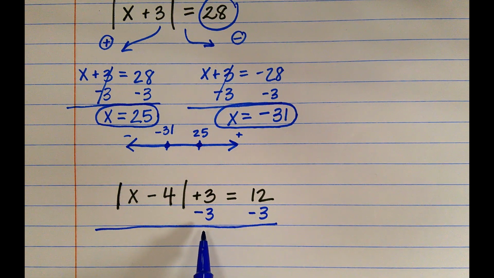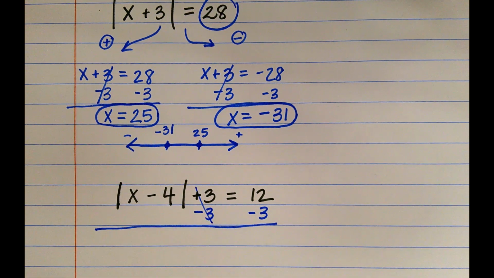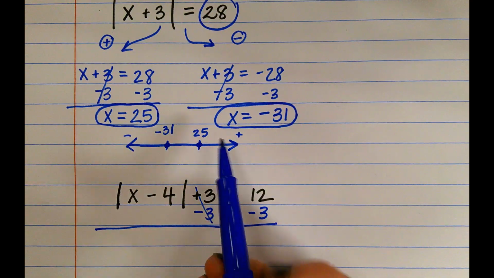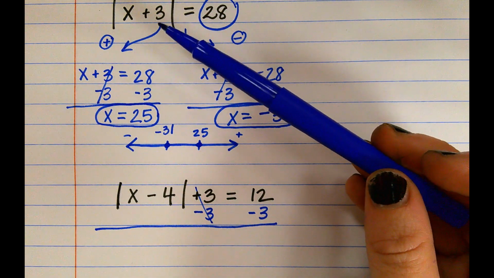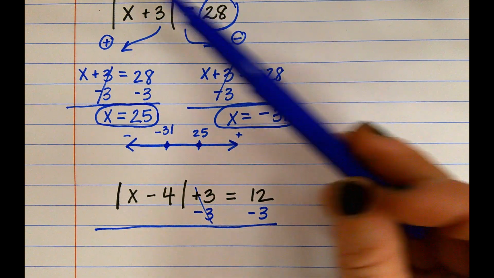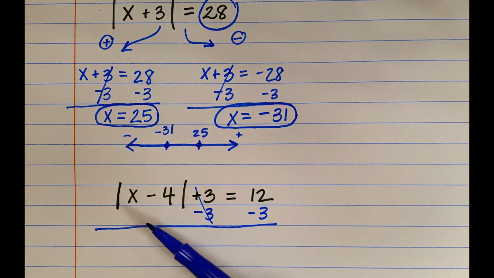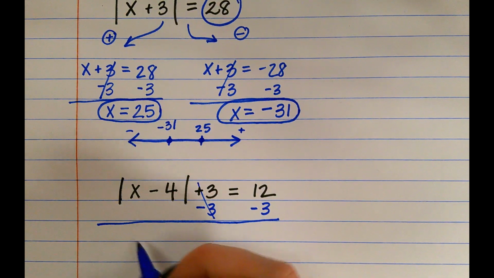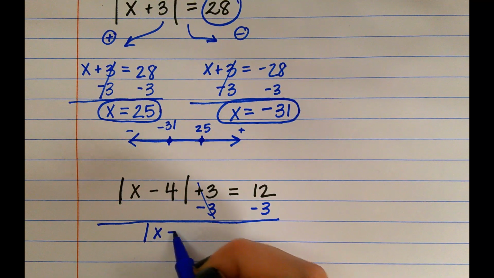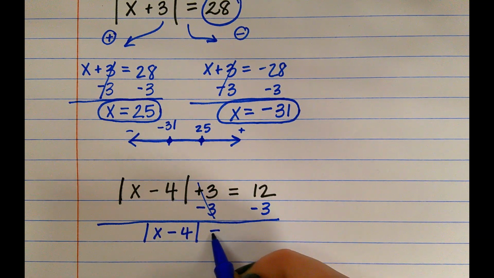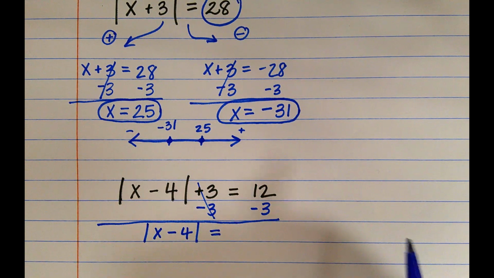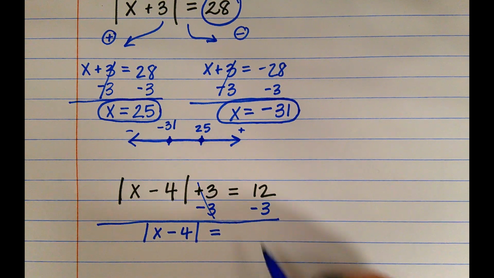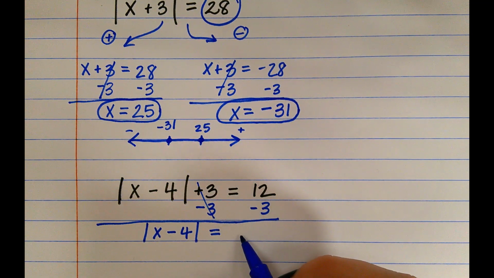The reason we can do this before we split is because we have to. We were able to split the last equation right away because the absolute value was by itself. Here, it was not by itself. We had plus 3 on the end. We had to get rid of that first. Now I have the absolute value of x minus 4 equals 12 minus 3, which is 9.